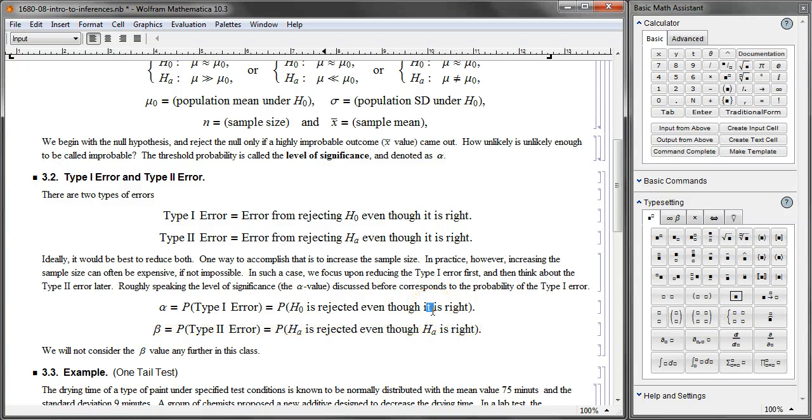For alpha, we are talking about the condition where H0 is right. So we are talking about two different denominators, so they do not complement each other. You cannot calculate beta from alpha or vice versa. They're completely separate. We just look at alpha, and that's the level of significance.